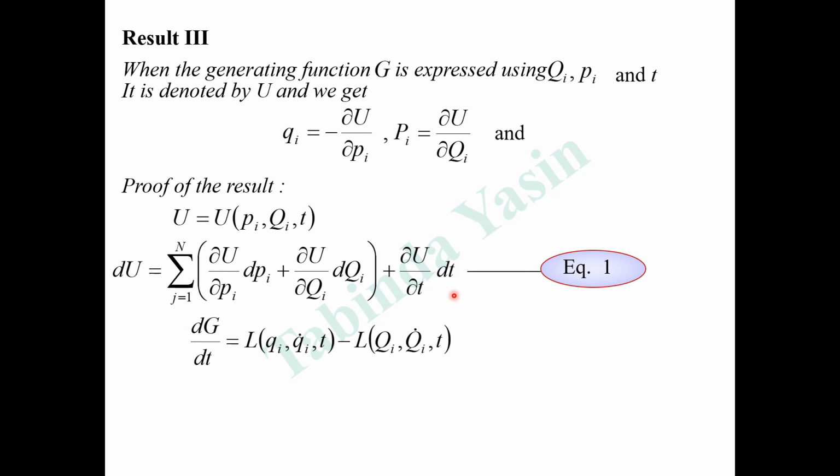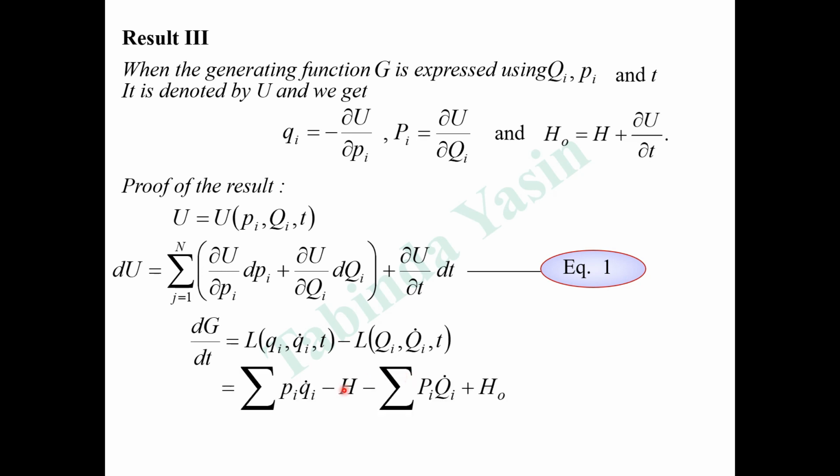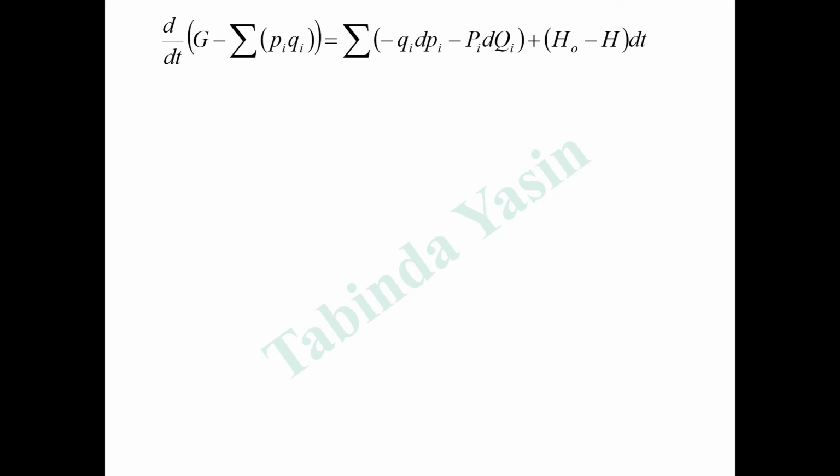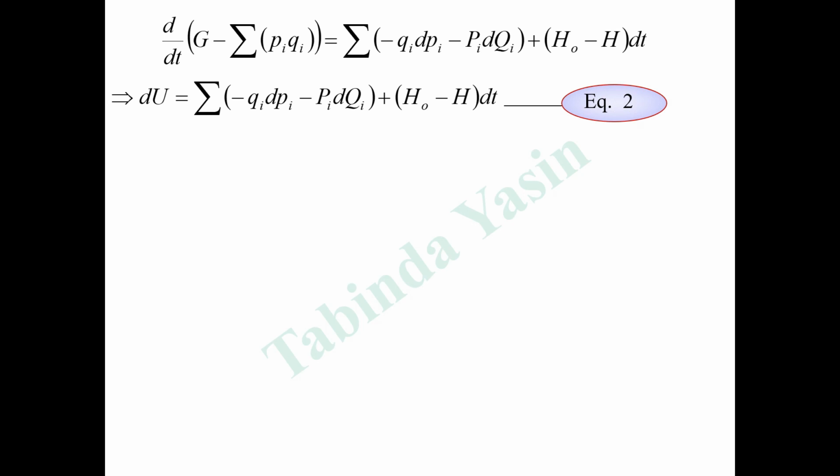Giving that equation number 1, we have dG/dt, the generating function, equal to old variable L(q, q dot, t) minus new variable L(Q, Q dot, t), then summation of pi qi dot minus H minus summation of Pi Qi dot plus H naught, then d/dt of G minus summation of pi qi, summation of minus qi dpi minus pi dqi plus (H naught minus H) dt. dU is equal to summation of minus qi dpi minus Pi dQi plus (H naught minus H) dt, that is equation number 2.